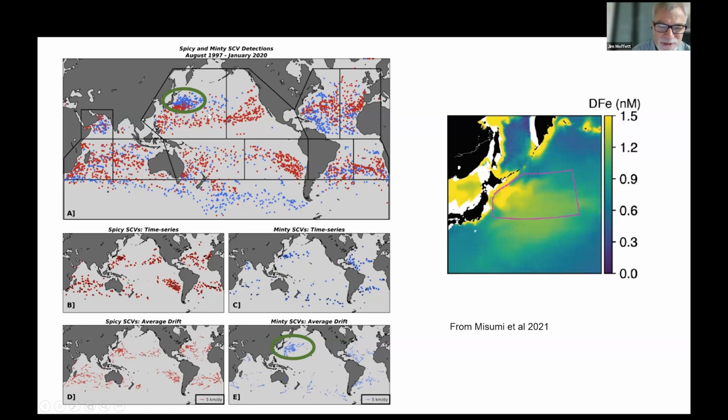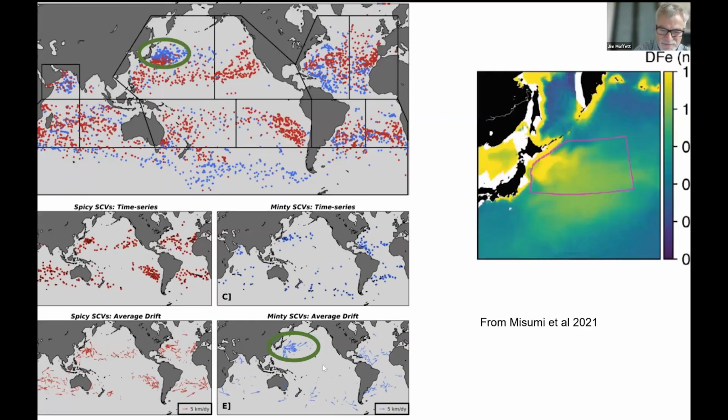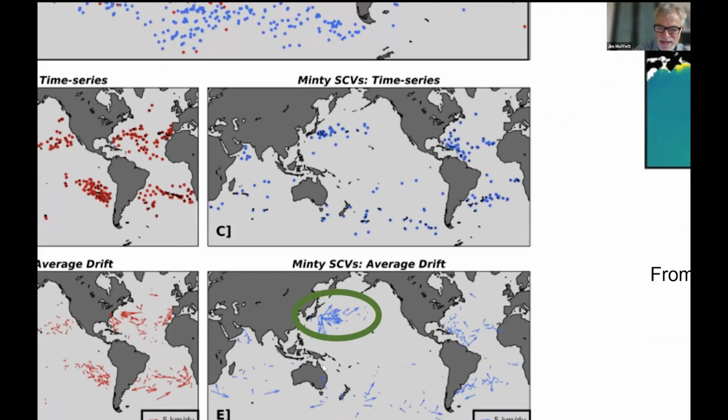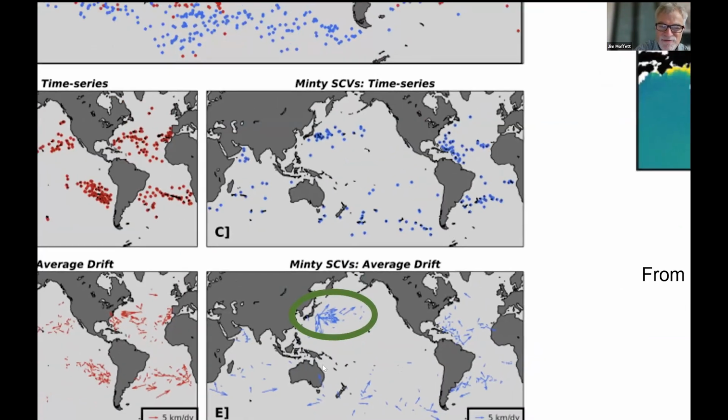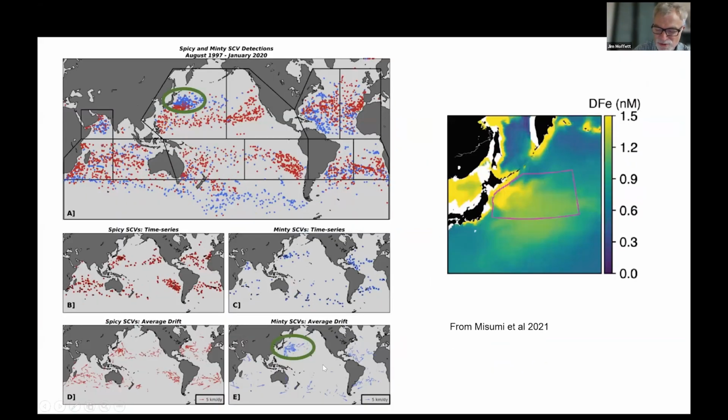And the blue or minty SCVs correspond to eddies that have a lower salinity and also lower temperature than waters of the same density surrounding them. And it's pretty clear that these are probably coming from the Sea of Okhotsk based on some independent data that Japanese researchers have seen. And these little arrows down at the bottom here indicate their average drift, and they become very important at moving these materials offshore.